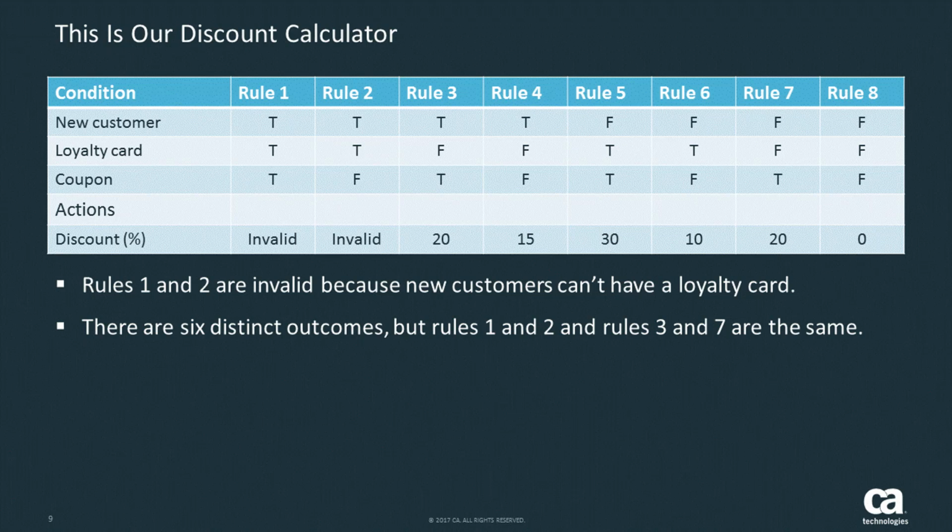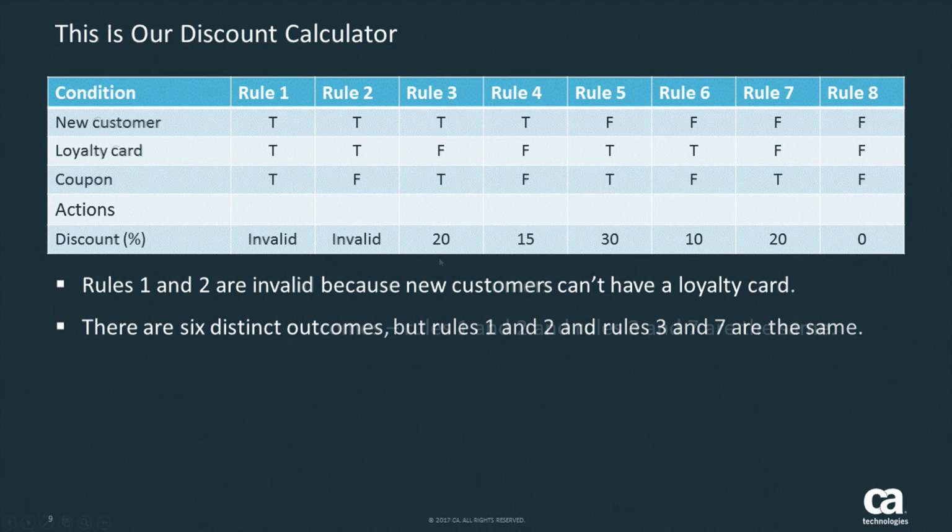Now, you might be thinking, well, we could do this as a constraint within ARD perhaps, but the decision table itself simply represents the input conditions and the actions or outcomes. It doesn't make any choices of how you implement it, of course. And you can see there's also a duplicate outcome or action on rules 3 and 7. They both result in a discount of 20%. So in fact, there are 6 distinct outcomes in this table, but there are 8 rules being implemented.